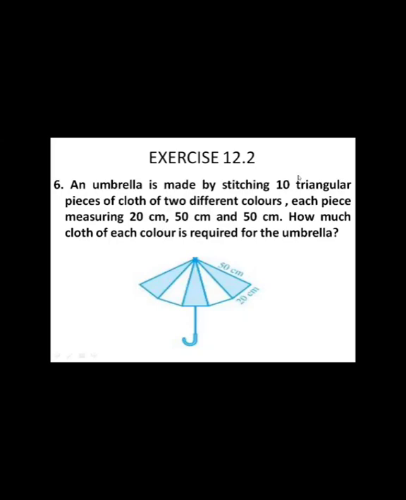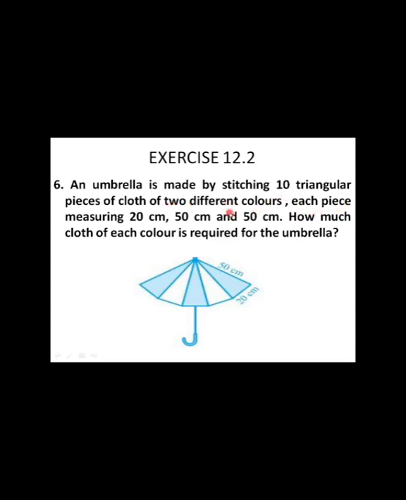My dear students, let us now solve question number 6 of exercise 12.2. This is going to be the last question of this session. Let us read the question. The question says, an umbrella is made by stitching 10 triangular pieces of cloth of 2 different colors. So there are in total 10 triangular pieces of 2 different colors.